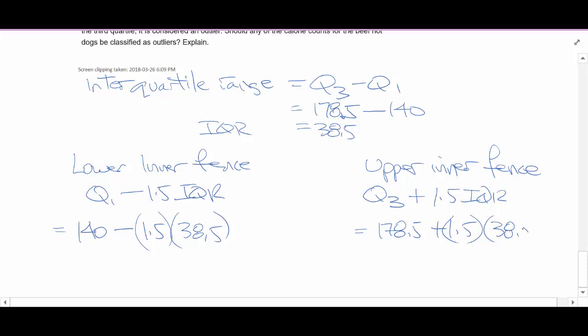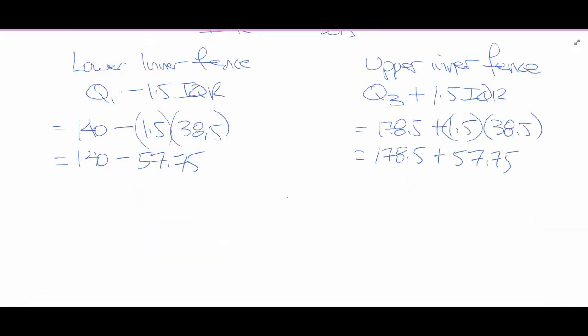Okay, let's calculate. So the lower inner fence turns out to be 82.25. And the upper inner fence turns out to be 236.25. Well, none of the data extends out to these fences.